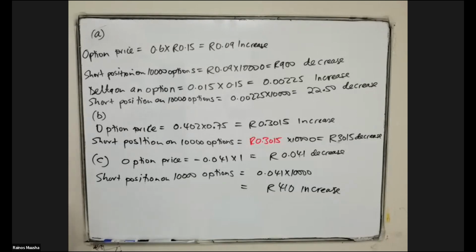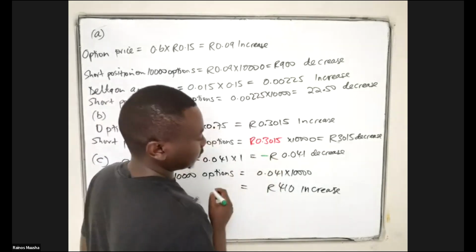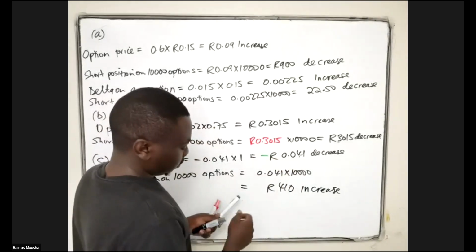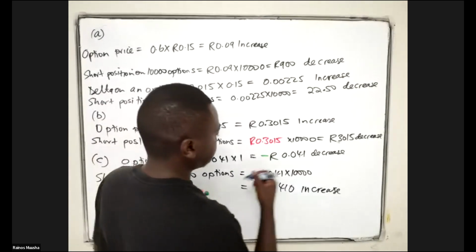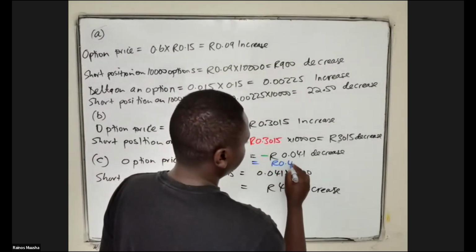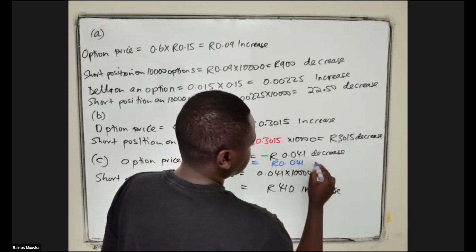Probably you would have indicated here that the amount is negative, but then if it's negative like this, you now need to go further and indicate that it's a decrease of 0.041.